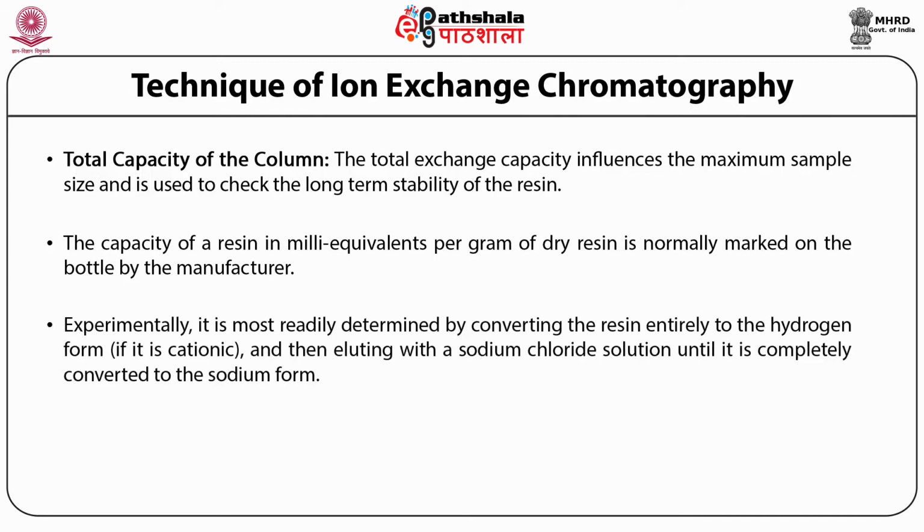Experimentally, it is most readily determined by converting the resin directly to the hydrogen form and then eluting with a sodium chloride solution until it is completely converted to the sodium form. The effluent then must contain hydrochloric acid in an amount equivalent to the capacity of the column, easily determined by titration with sodium hydroxide. Common resins have a capacity of 1 to 5 milliequivalent per ml or roughly 1 to 5 N in acid or base.